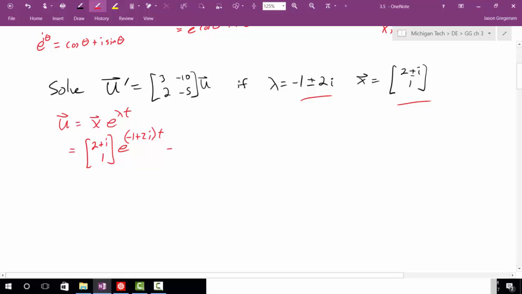And then just like before, I'm going to write this as 2 plus i, times e to the negative t times e to the 2t times i, just like I did in the other case.